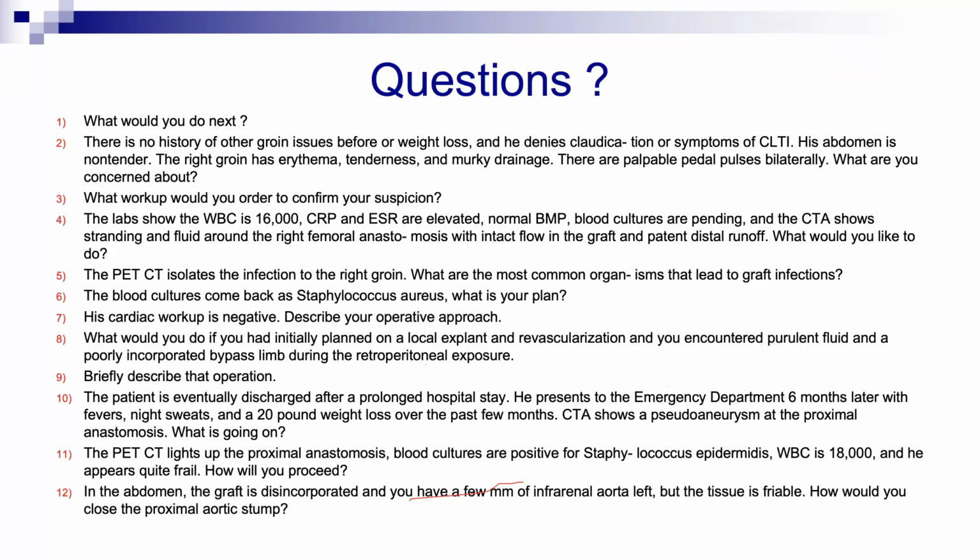Patency of the stent. Follow up of the stent and patency. I didn't understand the question. How can you follow up the stent patency and the patency rate?